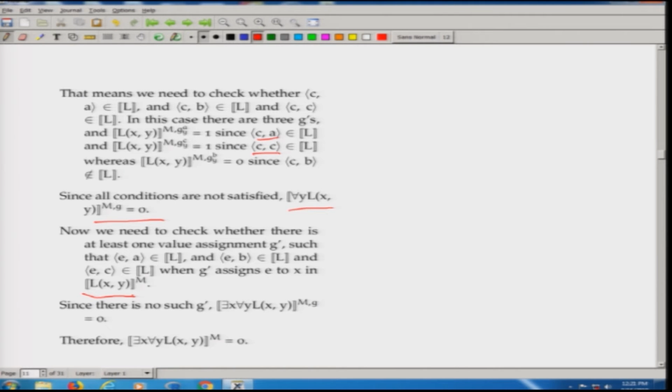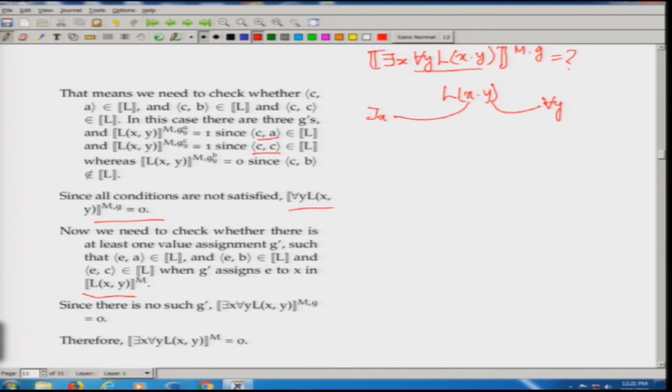What is our next step? Our next step is then what is the value of sum x all y L x y with respect to M and G. We have done this much somehow, but now we have arrived at a stage where both the variables are varying, because this is derived from L x y, where x takes sum x and y takes all y, right.